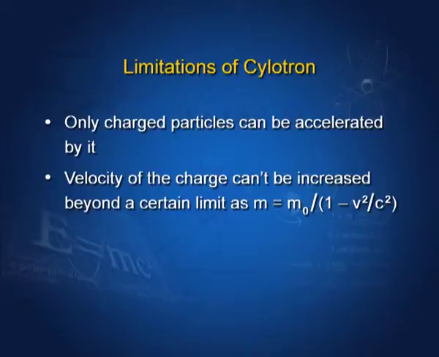As we know, according to Einstein's theory of relativity, the mass of the charged particle increases with velocity by the relation m equals m naught divided by the square root of 1 minus v square upon c square. If the velocity of the charged particle is increased close to the speed of light, then the mass of the charged particle also increases.